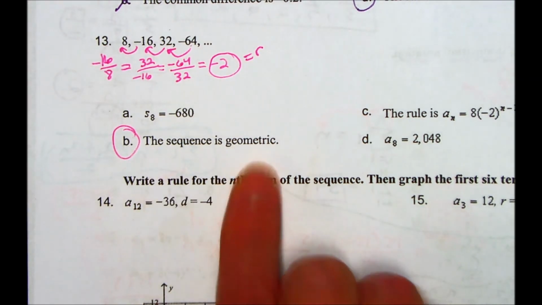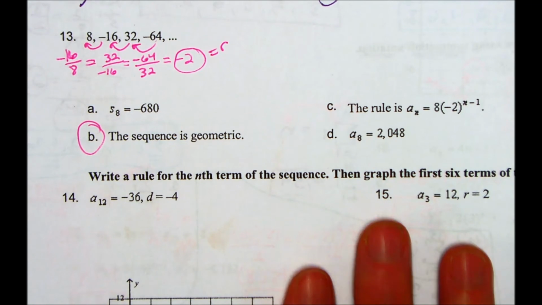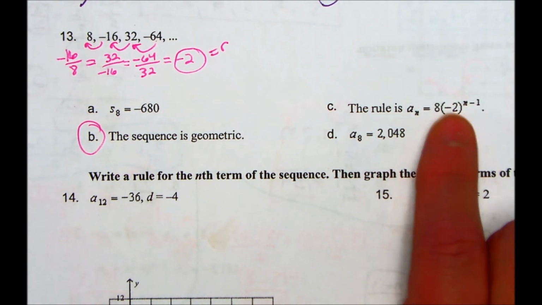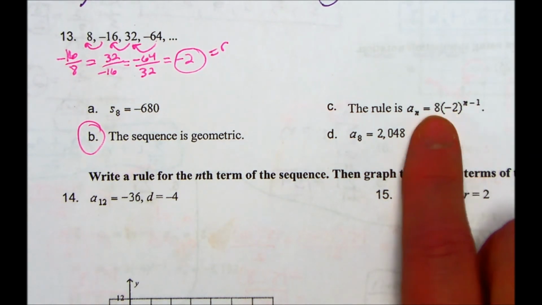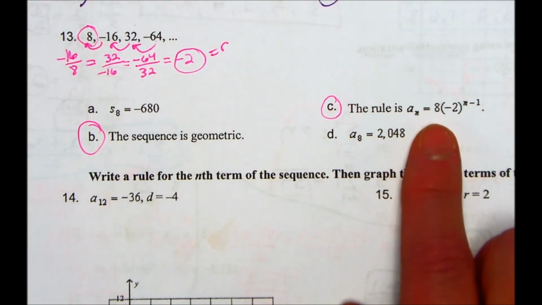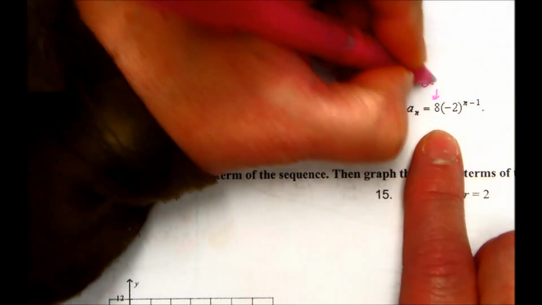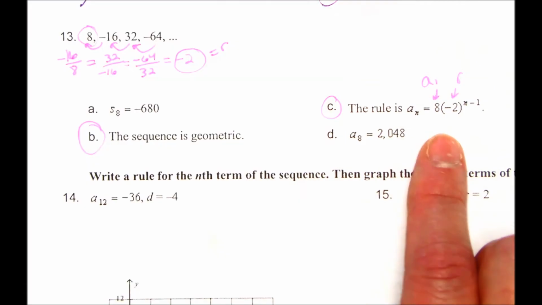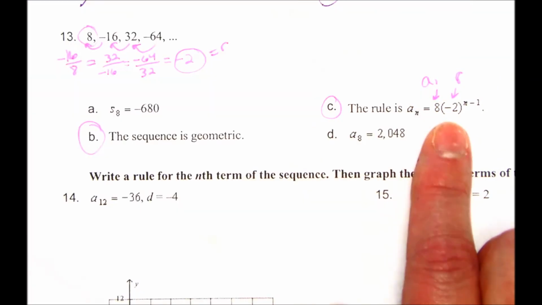The sequence is geometric. This could be our rule because it does have a negative 2 here. And we look at our first term in the sequence, it is 8. So this is also going to be true since our first term is 8 and our ratio is negative 2.